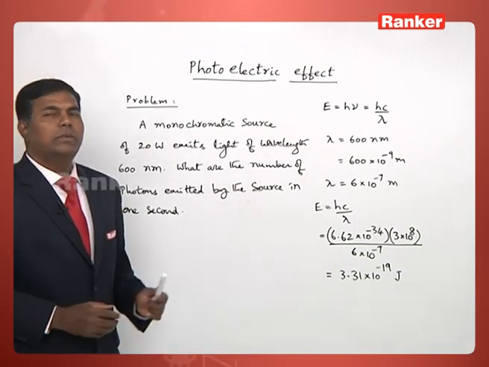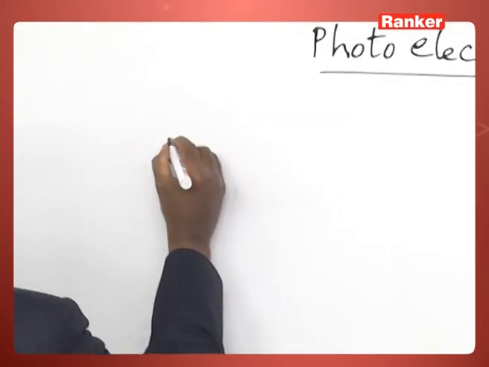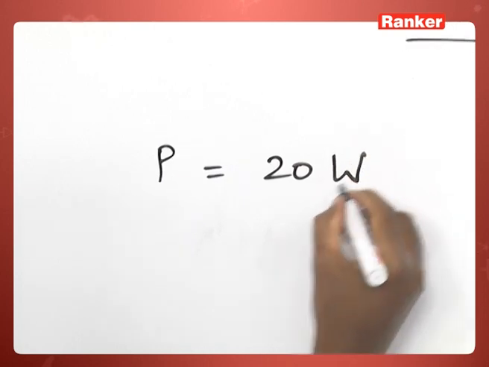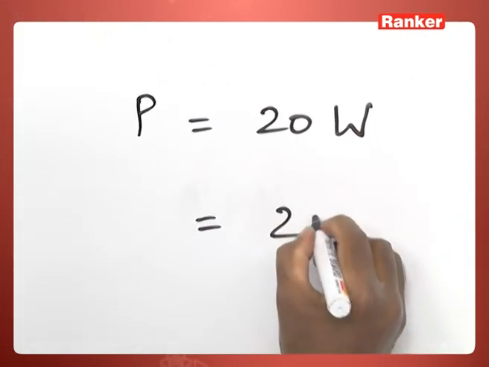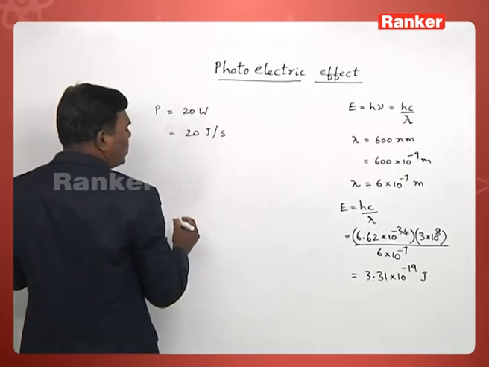Now, we need to find out the number of photons. The power of the source is given as 20 watt. It implies that every 1 second, 20 joules of energy is released by the source.